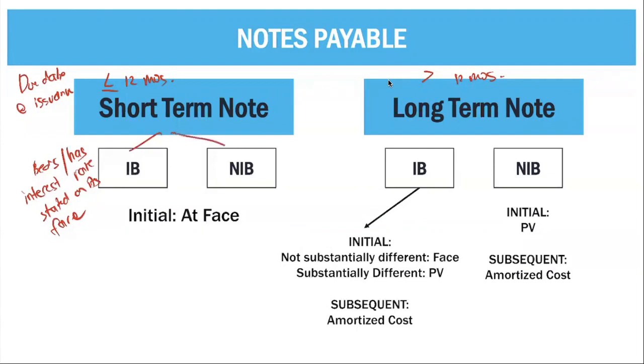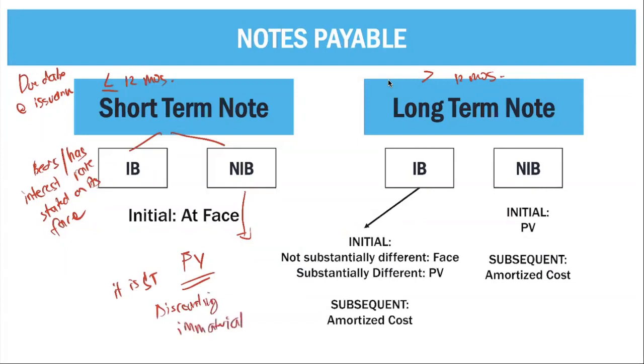But for short-term notes, whether interest-bearing or non-interest-bearing, we initially measure them at face value. Sir, why? Because in non-interest-bearing notes, generally, you need to measure them at present value. But since it is short term, the present value or the discounting will become immaterial.